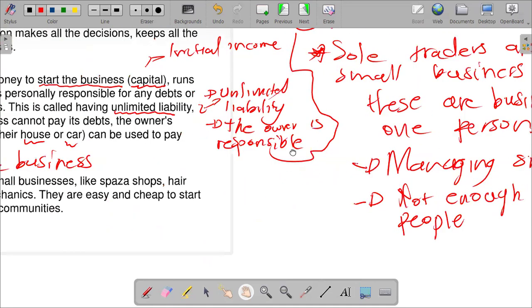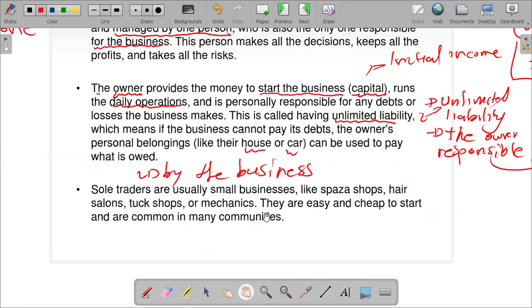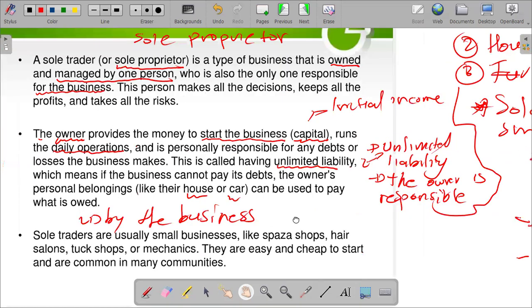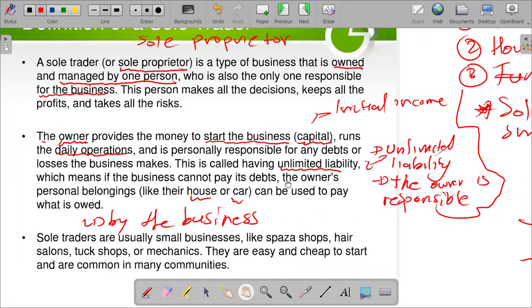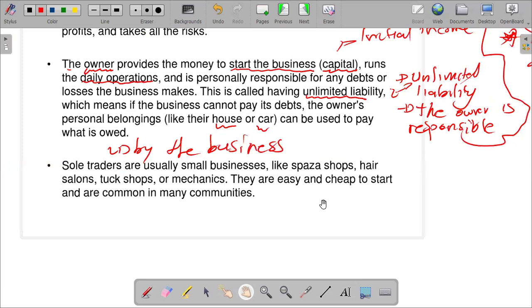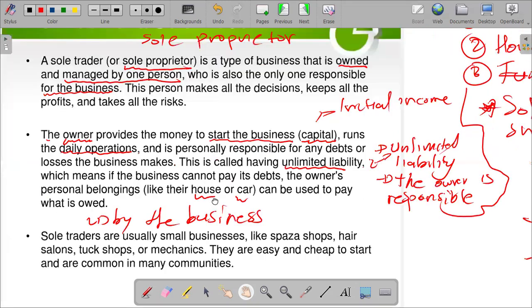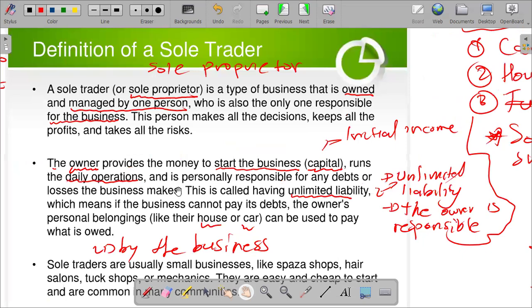All right. And then they are easy and cheap to start and are common in many communities. All right. Easy and cheap to start. All right. So this is the definition of what a sole trader or sole proprietor is.